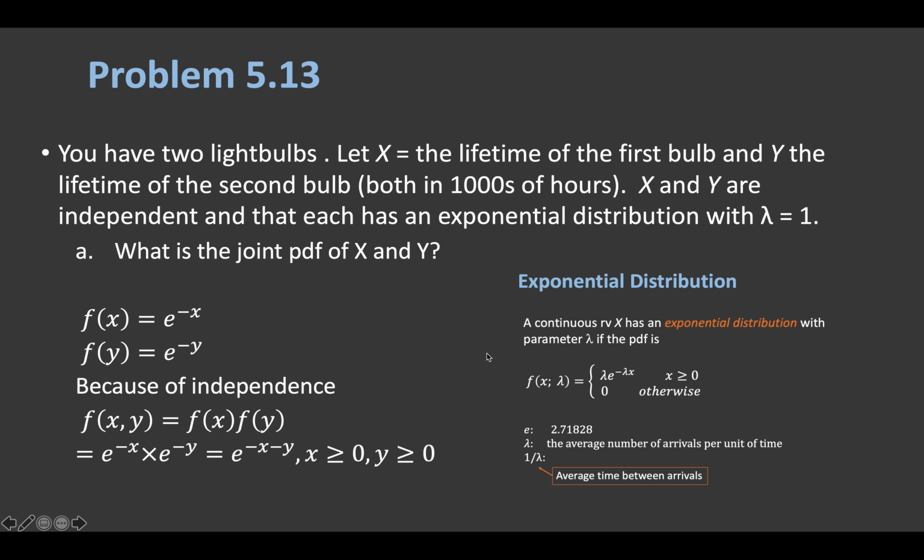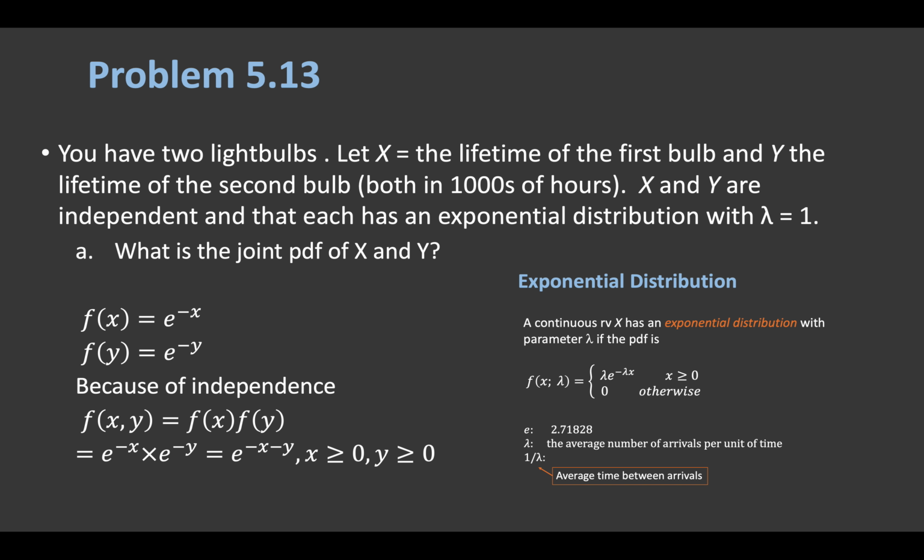So here's the exponential distribution you already know. For a continuous random variable X which has an exponential distribution, the probability density function equals this. This is from the previous slide. So now it's pretty straightforward.